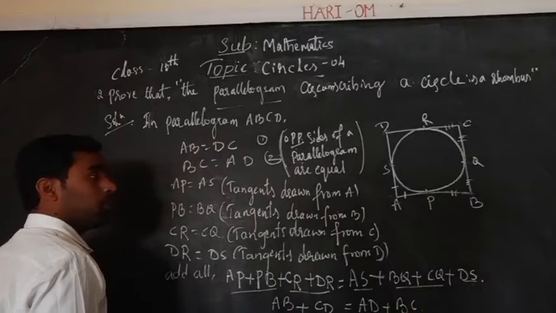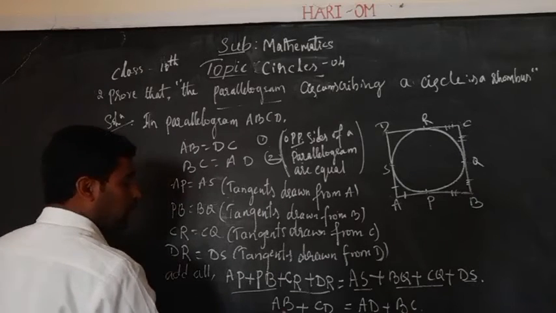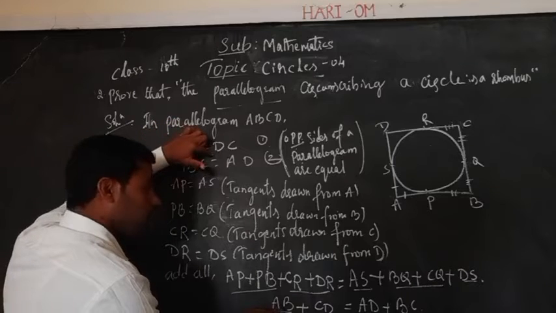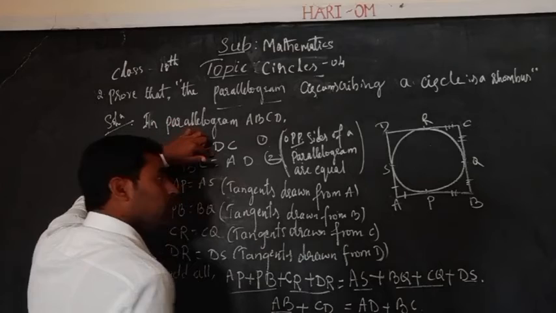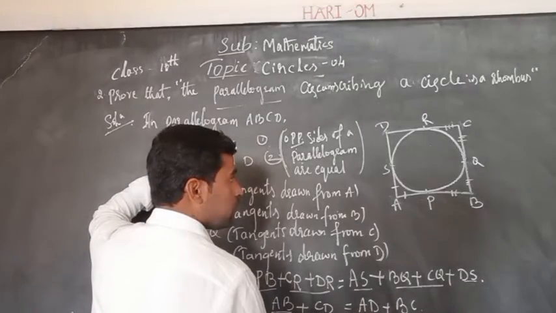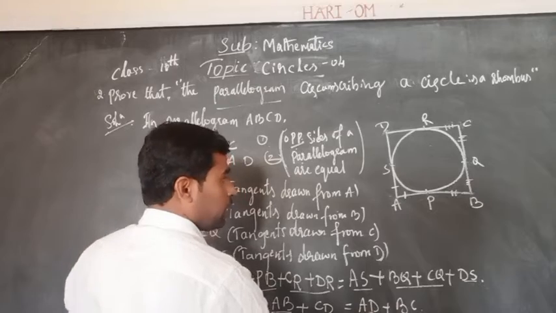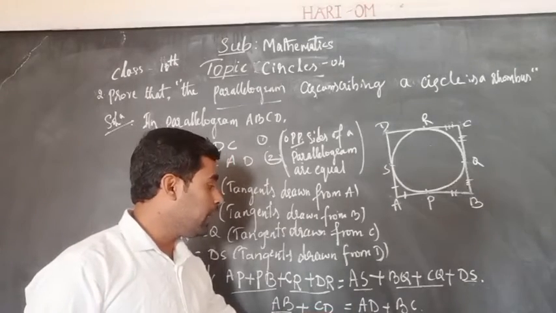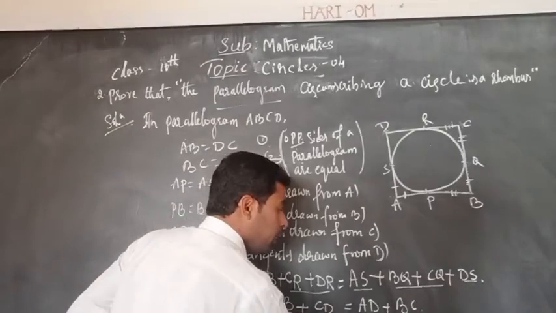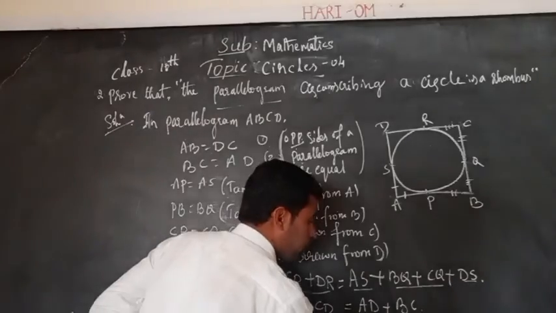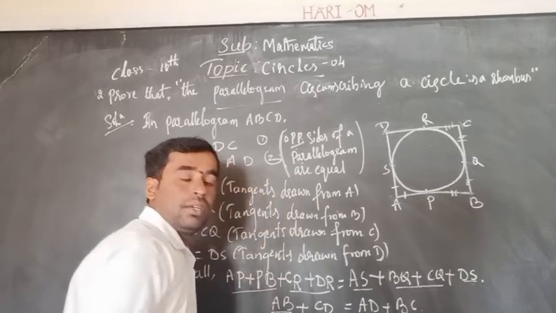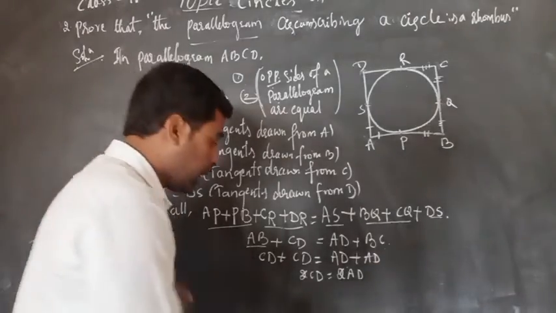Therefore, by the given, AB plus CD is equal to AD plus BC. Since AB is equal to CD, CD plus CD is equal to AD plus AD, which is 2AD. The 2 gets cancelled.